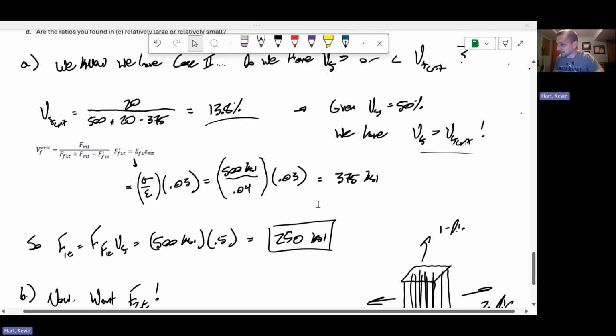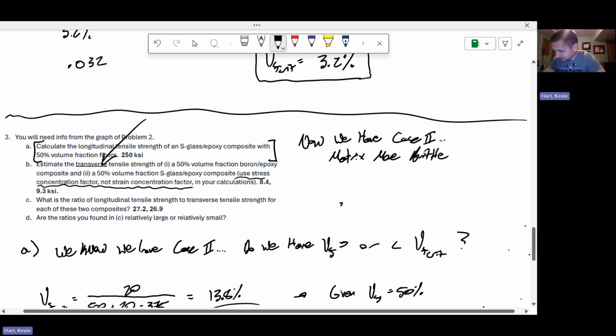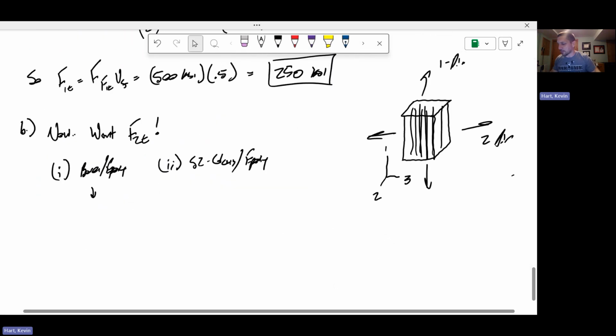So if we go back to the problem statement, it says use stress concentration factor, not strain concentration factor. So stress concentration factor is this K sigma term. So that's what we're going to end up using. So for the boron epoxy composite, we have F2T equals FMT over K sigma for boron.